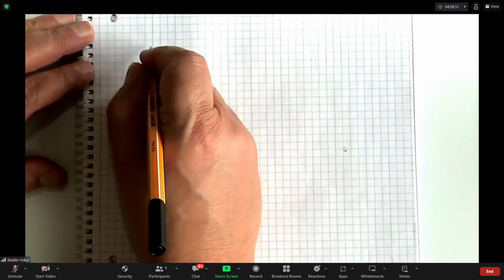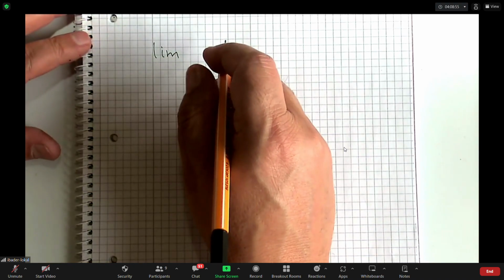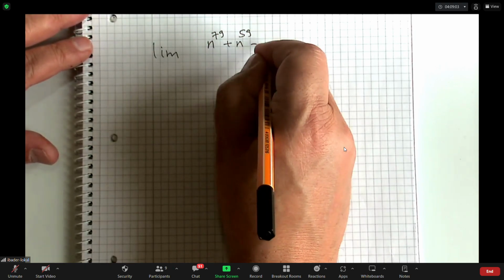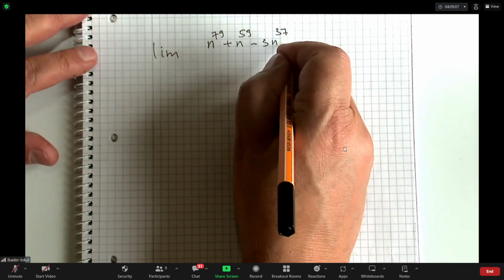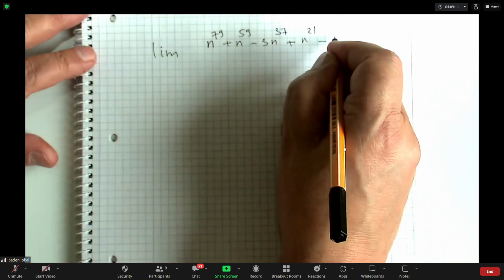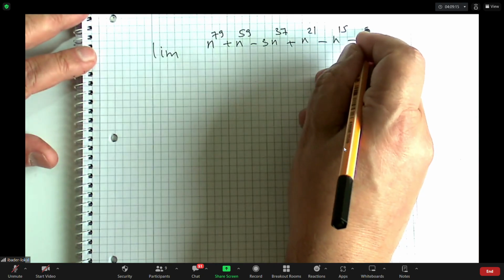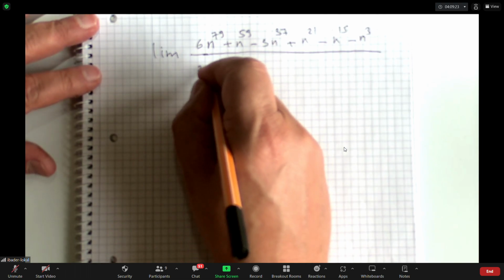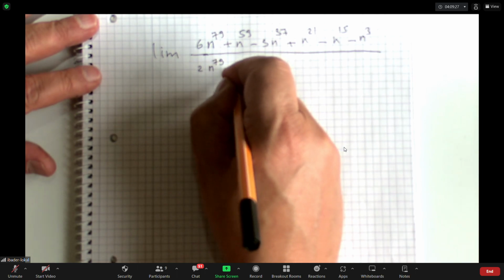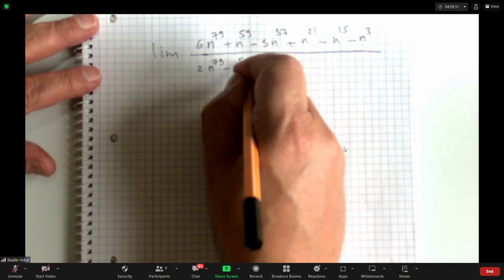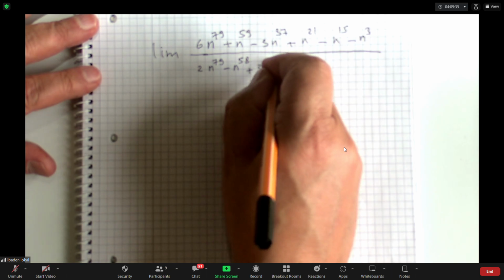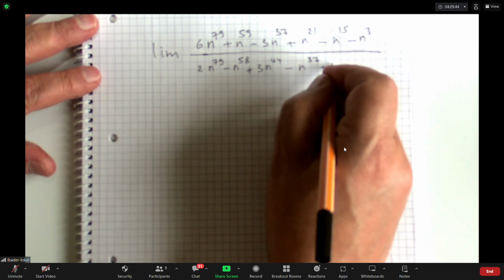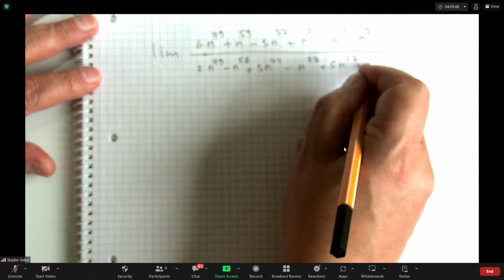Maybe this is a little bit complicated, or it looks complicated, but if you have n to the power 79 plus n to the power 59 minus, I don't know, 3n to the power 37 plus n to the power 21 minus n to the power 15 minus n cubed over, let's take here 6, for instance, and here you have 2n to the power 79 minus n to the power 58 plus 3n to the power 44, for instance, minus n to the power 37 plus 5n to the power 17 plus n to the power 11, for instance.